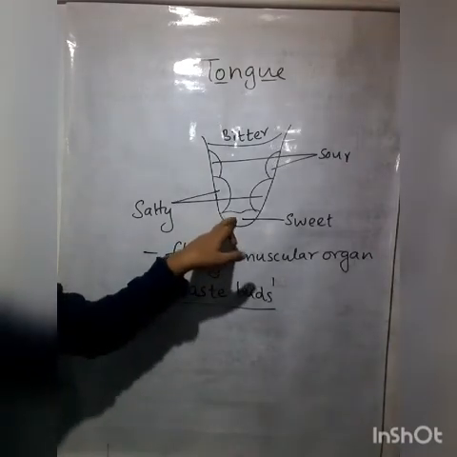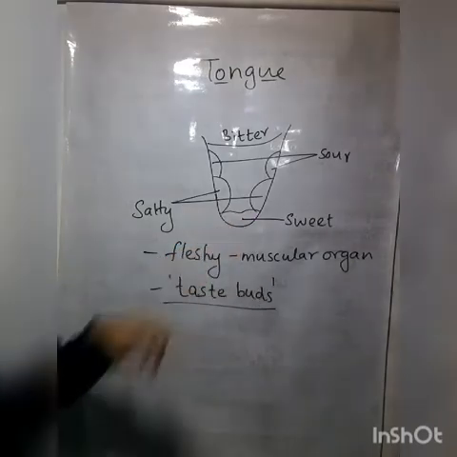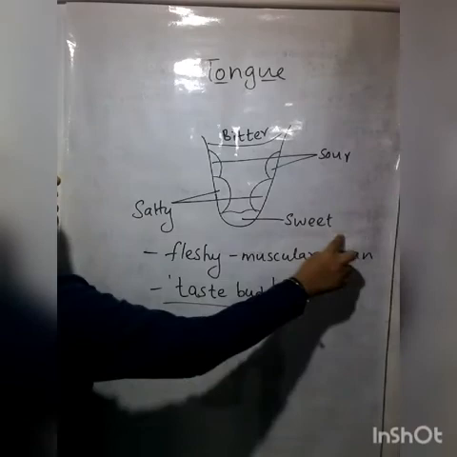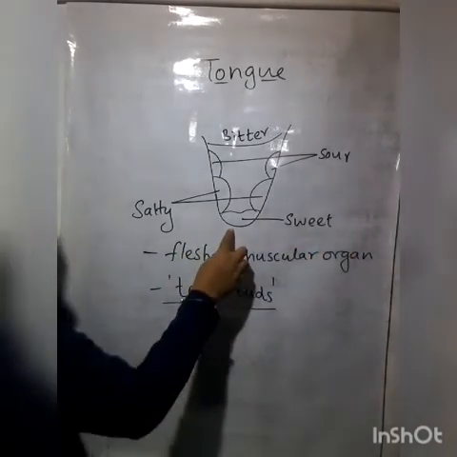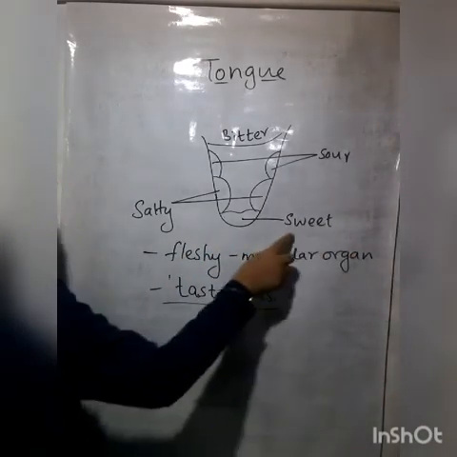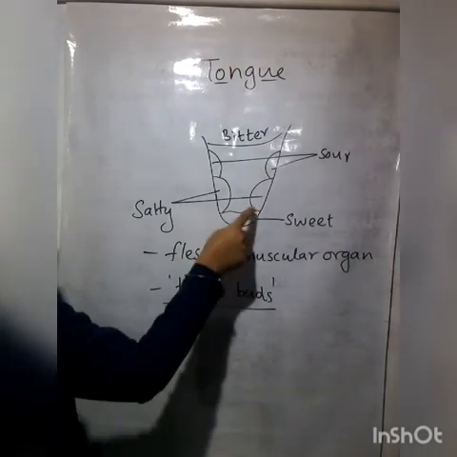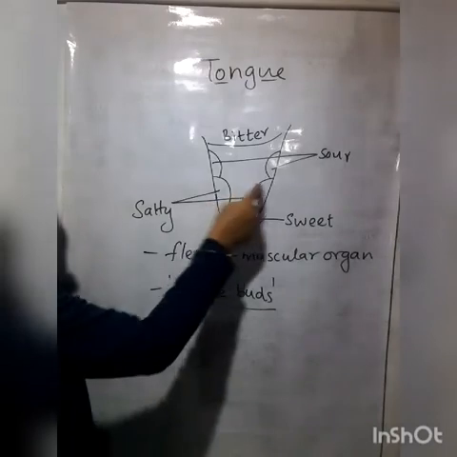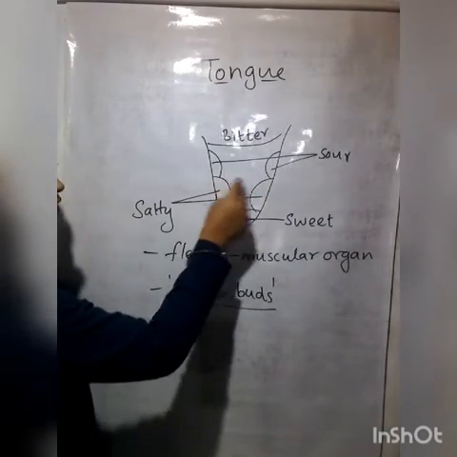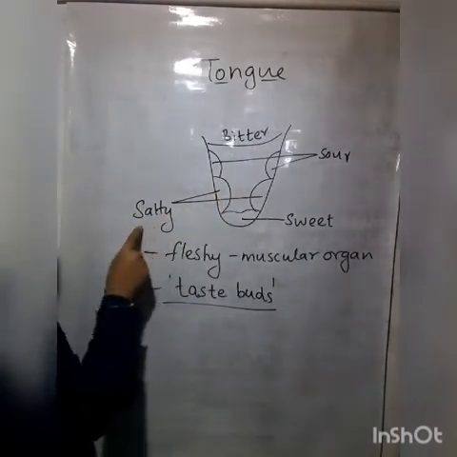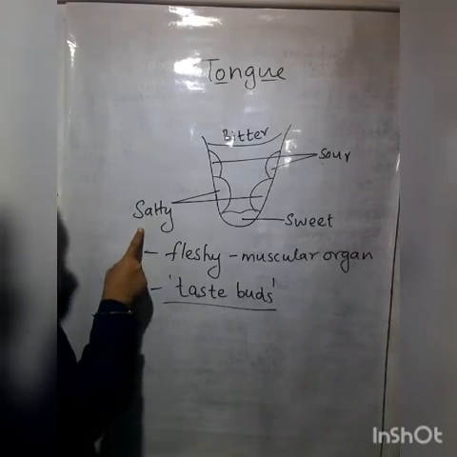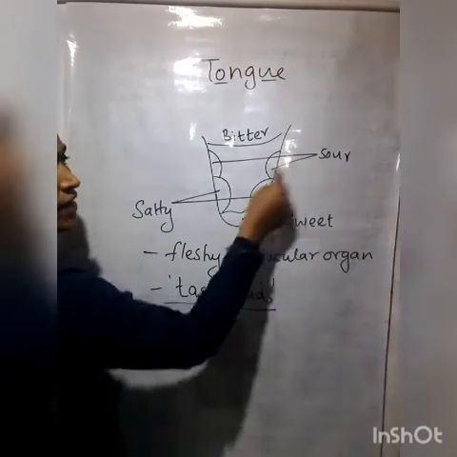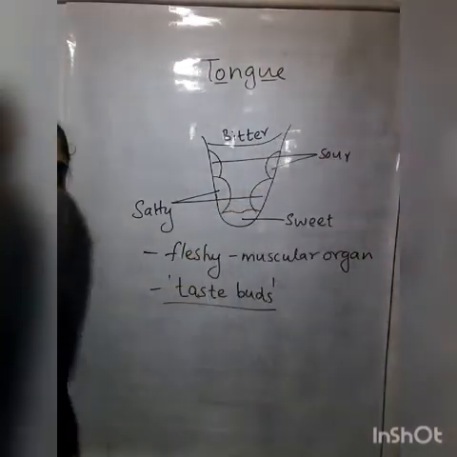At the tip of the tongue there are taste buds which can taste sweetness. Understood? Then just at the back of the sweet area we have the salty region, and just at the back of the salty region we have the taste buds to identify sour.